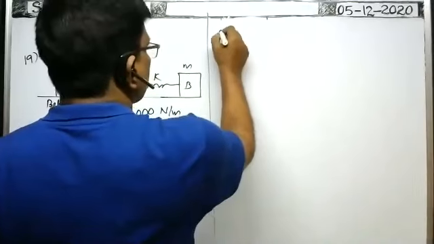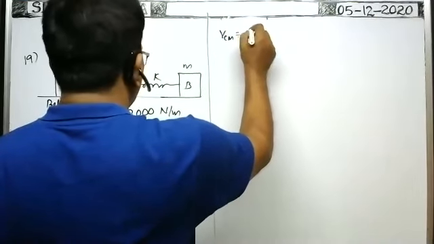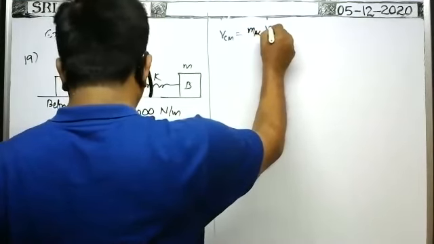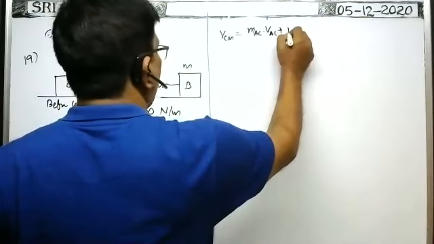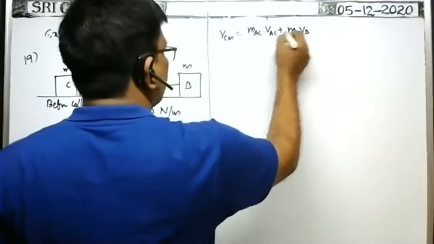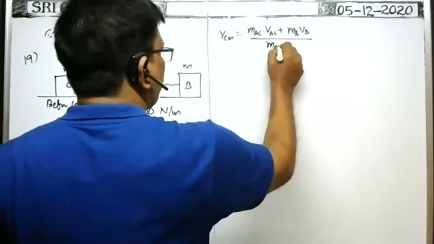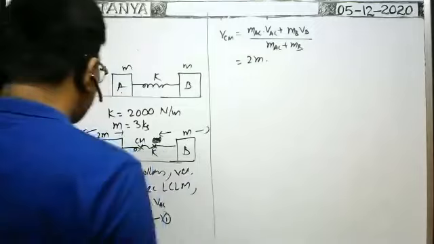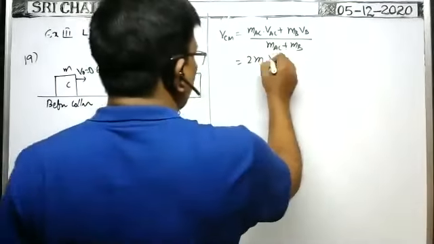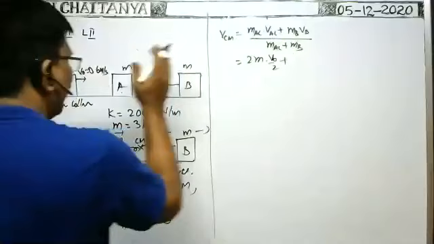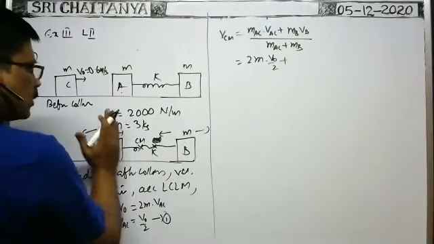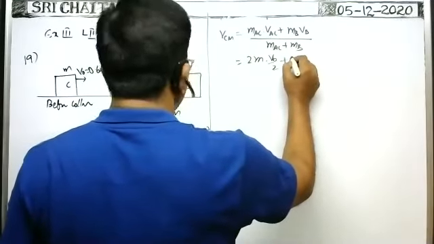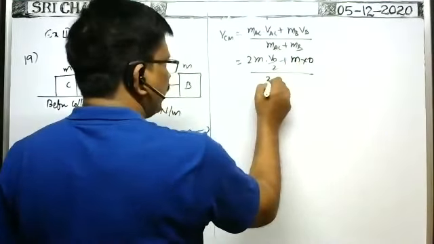What is the velocity of the center of mass? It is equal to the mass of the two blocks together, MAC, into their velocity VAC, plus the mass of block B into the velocity of block B, divided by MAC plus MB. Mass of the two blocks is 2m into V0 by 2, plus, at the instant this combined mass starts motion with this velocity, block B has no velocity, so m into 0, divided by total mass 3m.